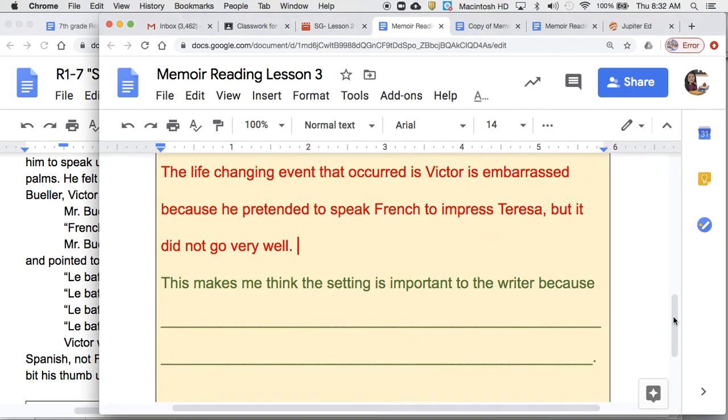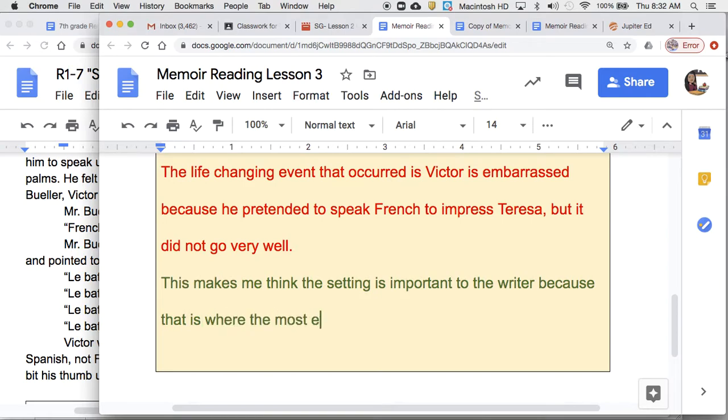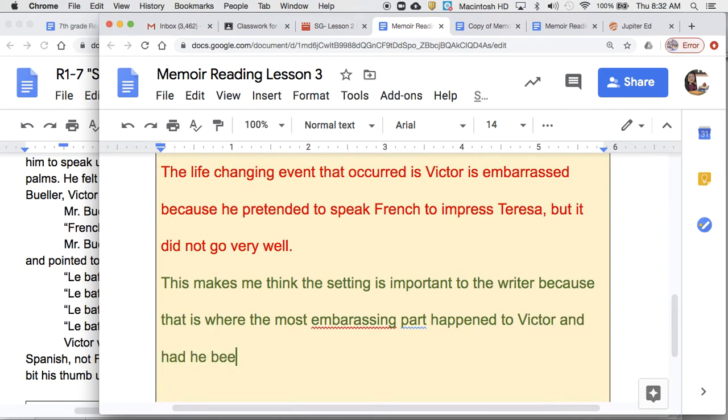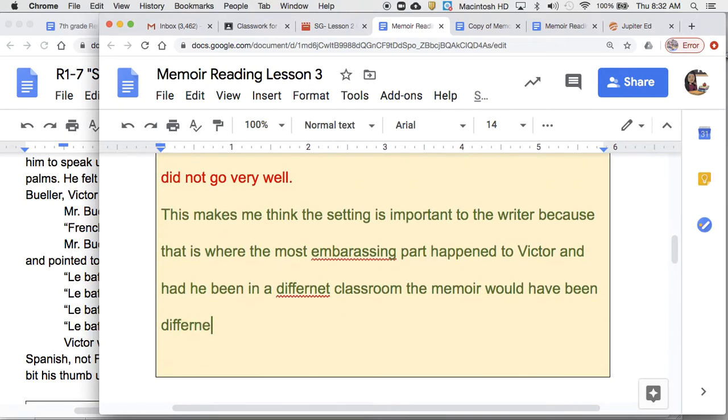So this is making me think that the setting is important to the writer because that is where the most embarrassing part happened to Victor. And had he been in a different classroom, the story would have been, or the memoir, different.